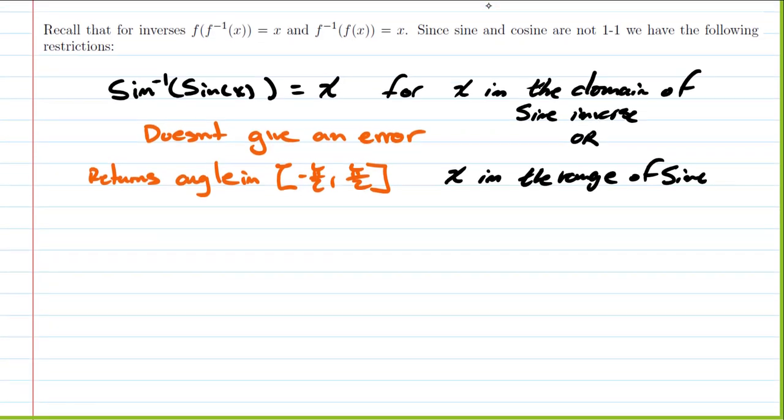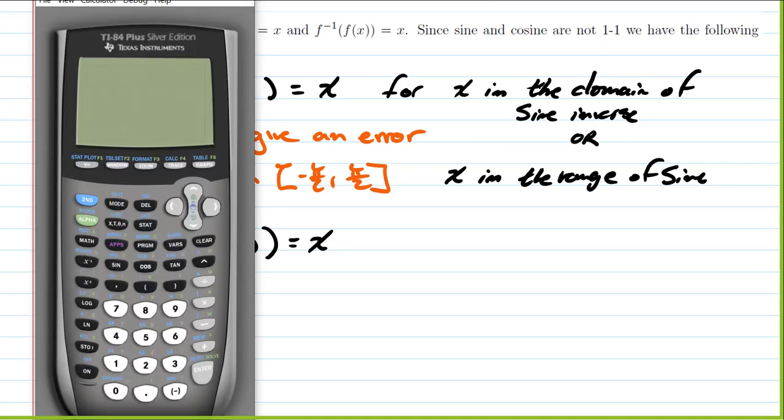If we flip the order, we have the sine of the sine inverse of x. We want this to be x. Let's try this one on our calculator.